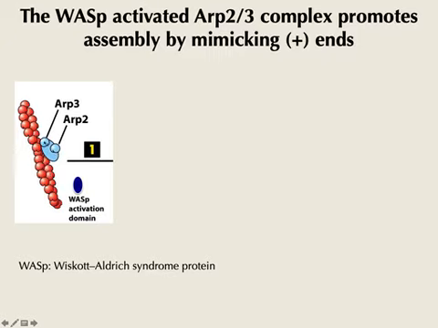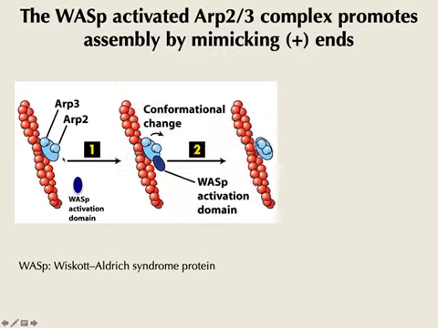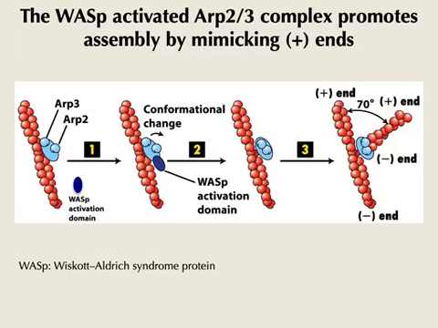And normally, although they resemble an actin dimer, they still need to be activated, to have their conformation changed by activation through this protein called WASP. And when this happens, now you have this template, these two monomers, and they look very much like a nucleus. Right? So right there, this can now serve as a template for polymerization to add actin monomers. And that's how you start making the new filament.